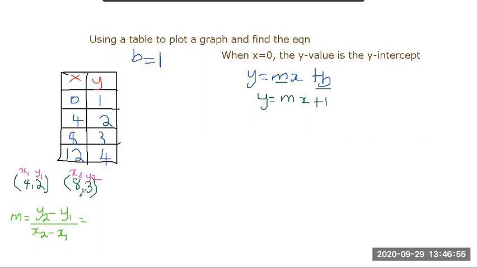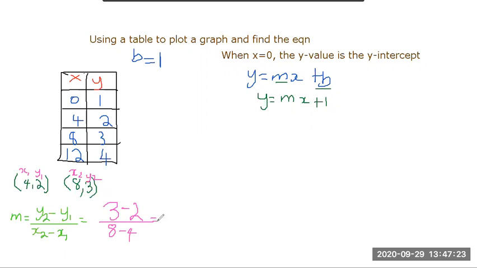So y2 is 3, so it's 3 minus, and y1 is 2, divided by x2 is 8, and x1 is 4, minus 4.